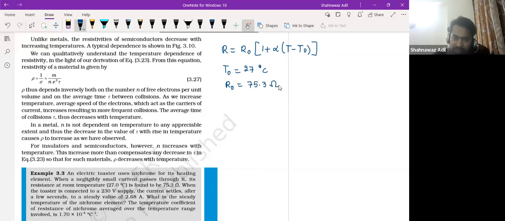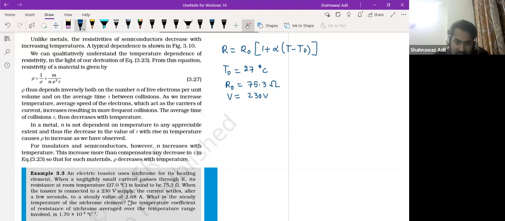75.3. Now, when the toaster is connected to a 230-volt supply, the current settles after a few seconds to a steady value of 2.68, right? So you have the voltage, which is 230 volt, right?